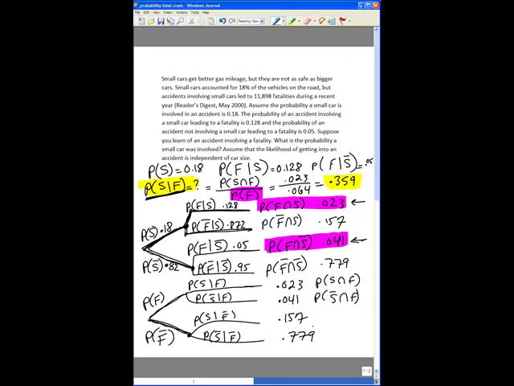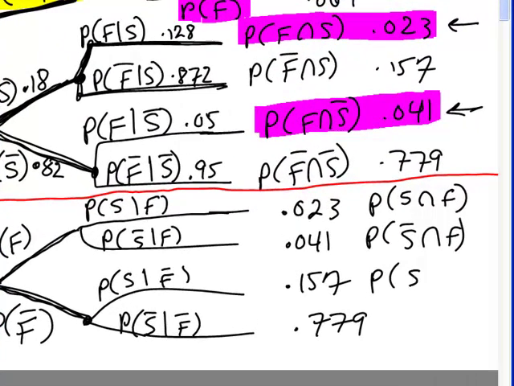I will draw a red line here to separate these two trees so you can visually keep them separate. And these probabilities are the probability of S and F bar, and the probability of not small car and not fatality.